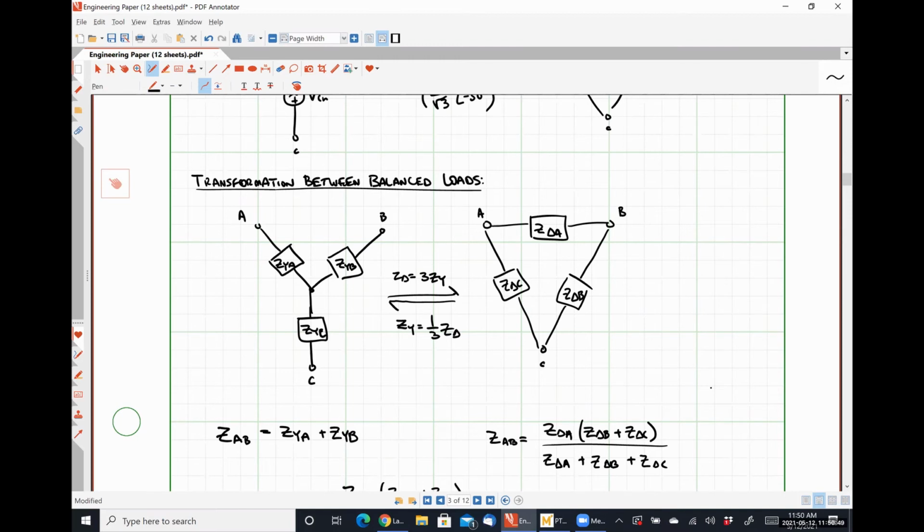Yes? I'm seeing a pattern here. So if you had 4 quantities and you wanted to... are you trying to change it from a square to an X, or what are you trying to do?